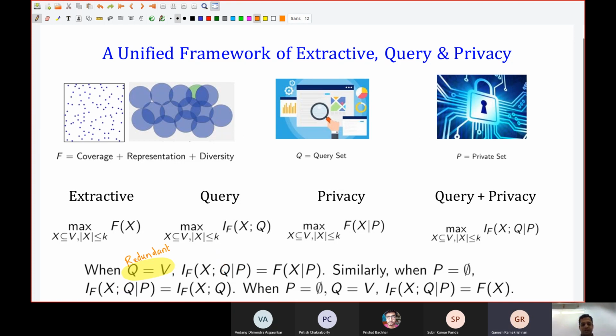Its effect is not there. Likewise, if you have the privacy set as empty, then you would have again redundant information. Instead of saying sensitivity to people, I say sensitivity to nothing. I just get the same old summary. And that's also reflected here.